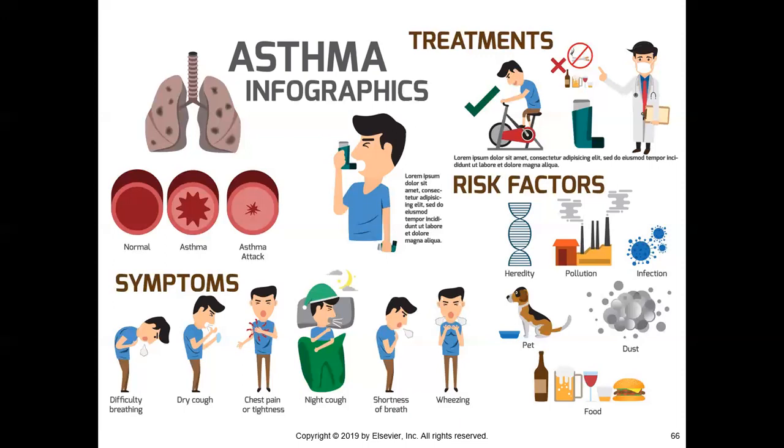These are the trigger causes. During the acute attack, place in high Fowler's position, and we give them a bronchodilator. In this picture, you can see a man taking an inhaler. Also, tell them to increase the fluid intake and also eliminate milk.